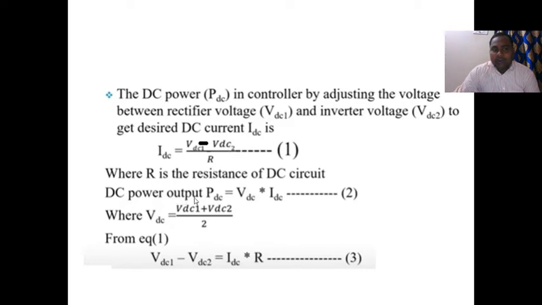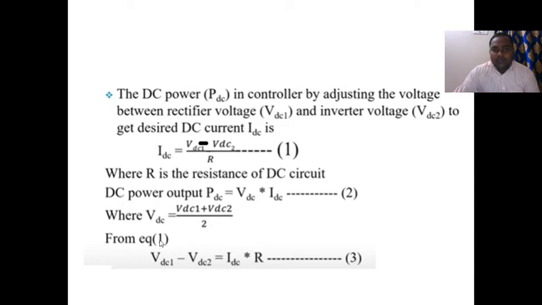The DC power output PDC is equal to VDC into IDC. Substitute the IDC value, where VDC is equal to the rectifier voltage VDC1 plus inverter voltage VDC2 by 2.